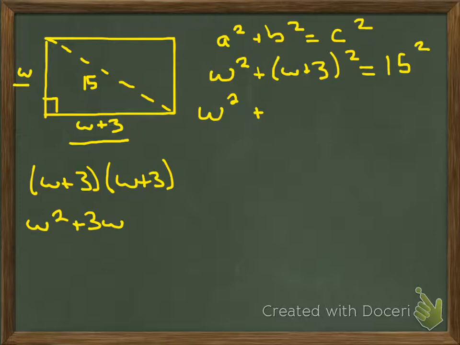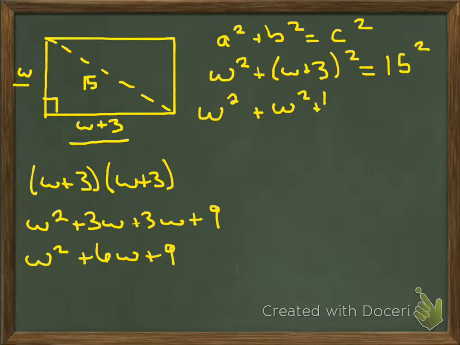And then 3 times w here is 3w, and 3 times 3 is 9. So you get w squared plus 6w plus 9. Okay, that's what this is right here. w squared plus 6w plus 9 equals 15 squared, which is 225.